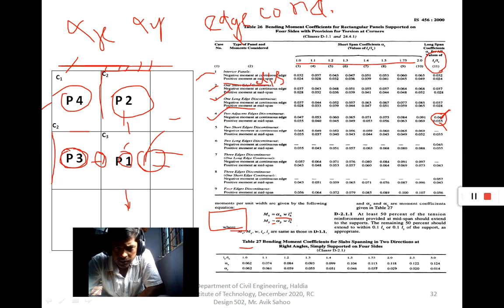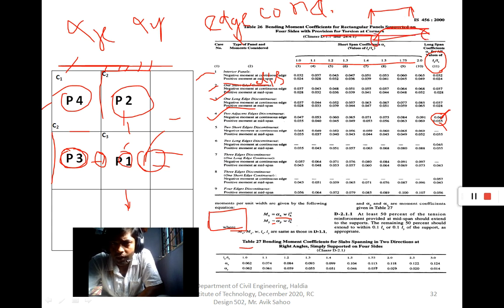You see that these four edges are discontinuous, so only the span moment is developed, and this edge is simply supported. At a simply supported end there is no negative moment, or the moment is zero. If I draw the bending moment of a simply supported beam or slab, the bending moment is 0 at the support and maximum at the middle.